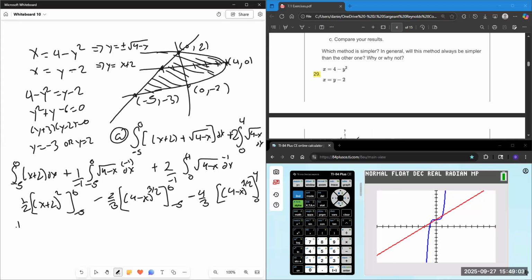So this is 1/2 of 2 squared minus negative 3 squared, minus 2/3 of 2 cubed minus 3 cubed, minus 4/3 of 0 cubed minus 2 cubed.